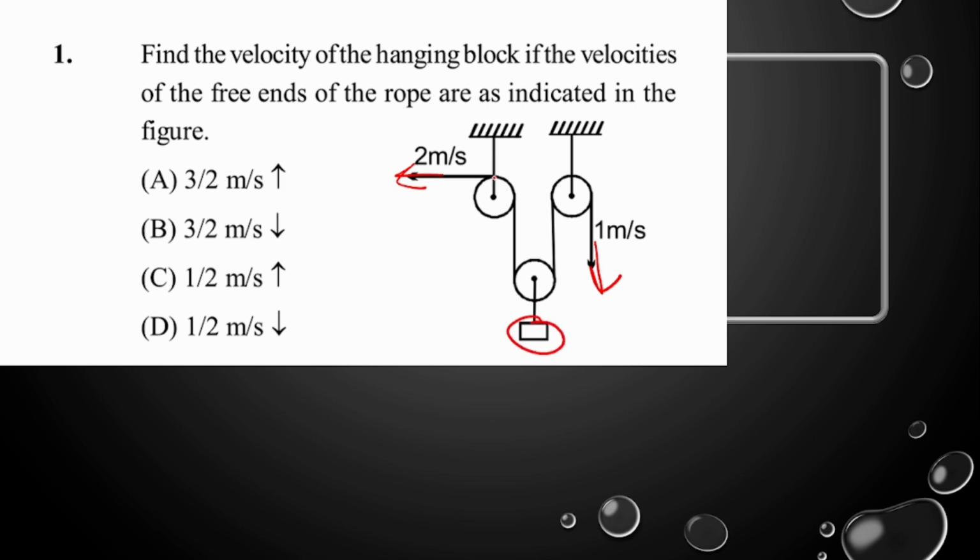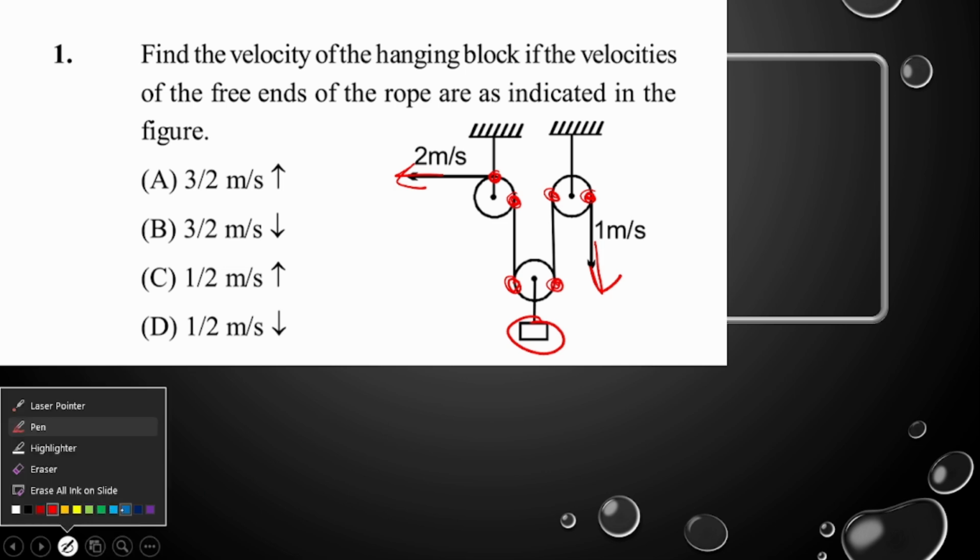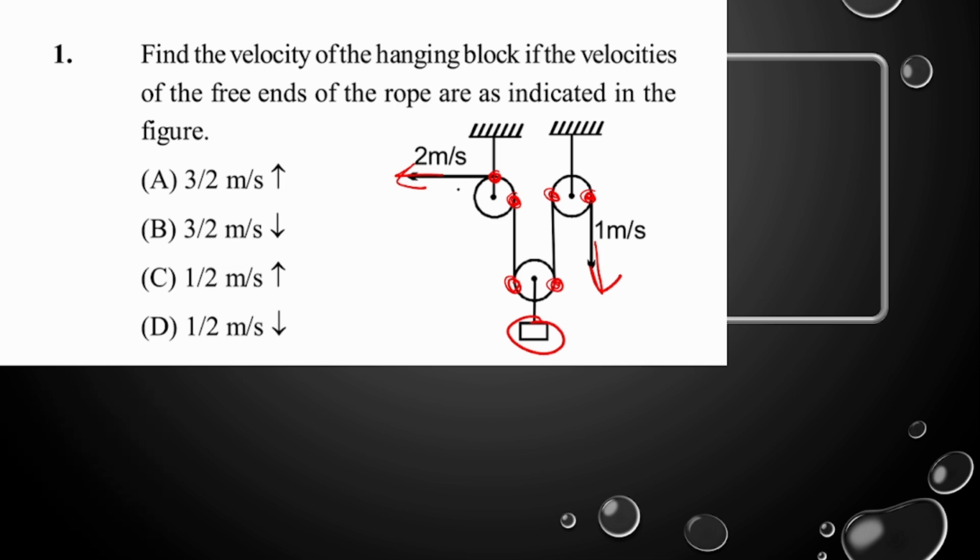First of all, let us mark all the points: point number 1, 2, 3, 4, 5, 6, 7, 8. This 2 meters per second is increasing the length of the string, so plus 2.